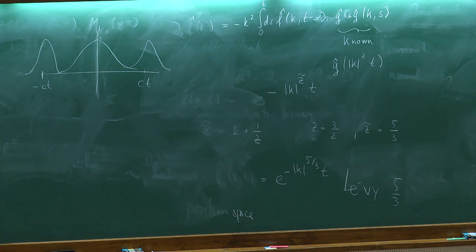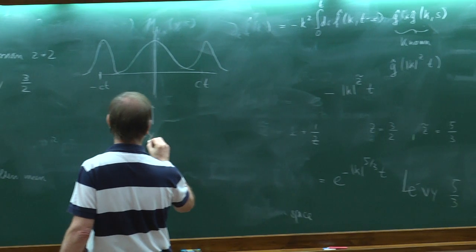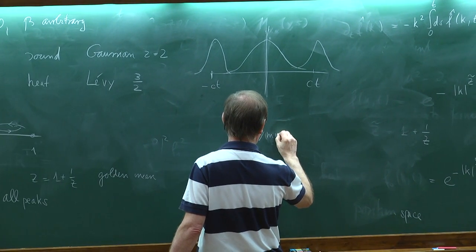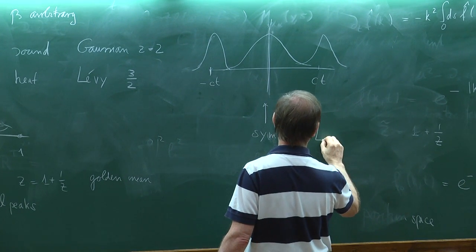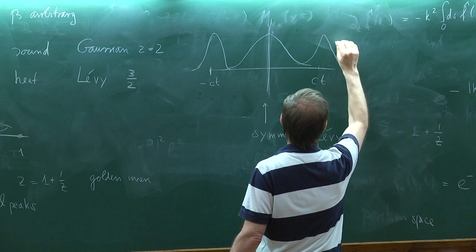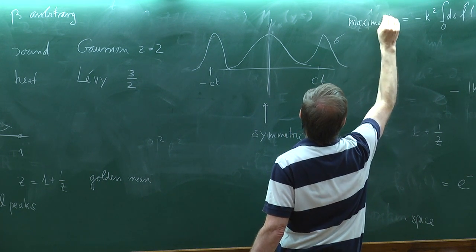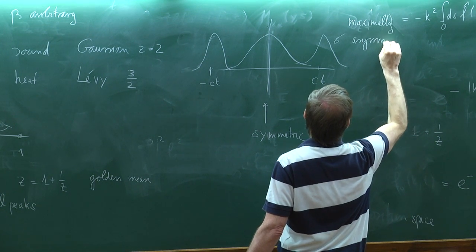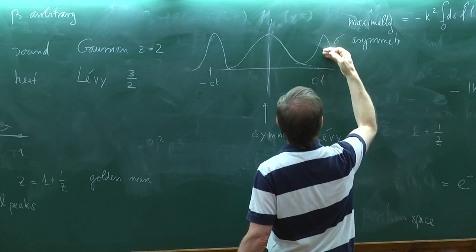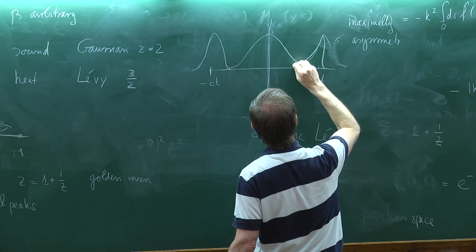If you do the computations more carefully, what you find is that in the middle it's a symmetric Levy, an even function, and out here it's maximally asymmetric. And if it's maximally asymmetric, with the right sign, then this tail becomes very quickly decaying, and this still has the power law.